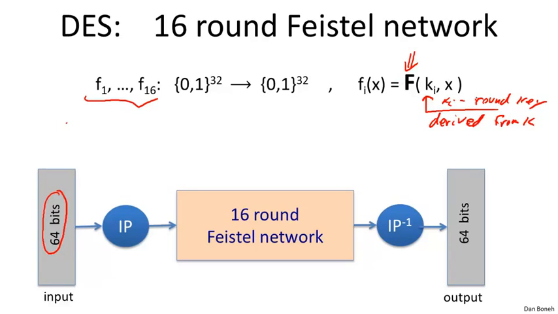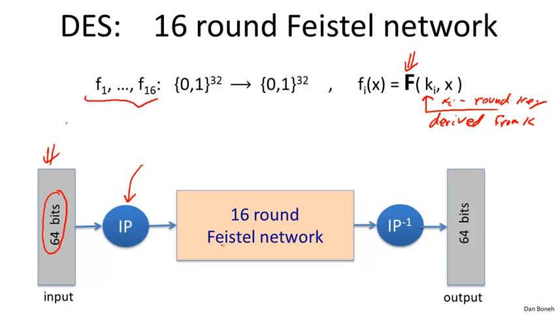But basically, by using 16 different round keys, we get 16 different round functions, and that gives us the Feistel network. Just at a high level, how DES works: you have a 64-bit input. The first thing it does is an initial permutation that just permutes the 64 bits around, namely it maps bit number 1 to bit number 6, bit number 2 to bit number 17, and so on. This is not for security reasons, this is just specified in the standard.